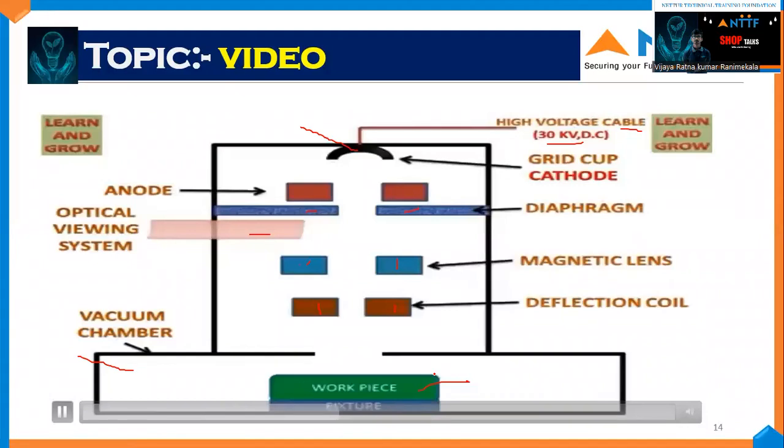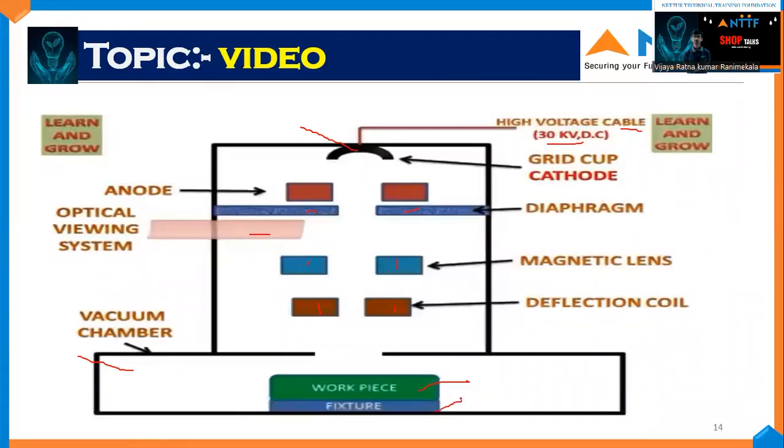This is a fixture for workpiece. Now what will happen when this high voltage cable gives DC voltage to this cathode, meaning negative to this cathode, then electrons will be liberated from this grid cup and they will be accelerated by the anode, and electrons will travel like this path.